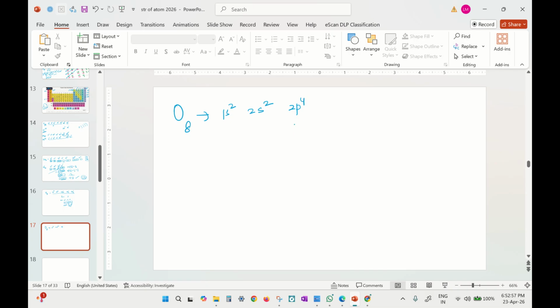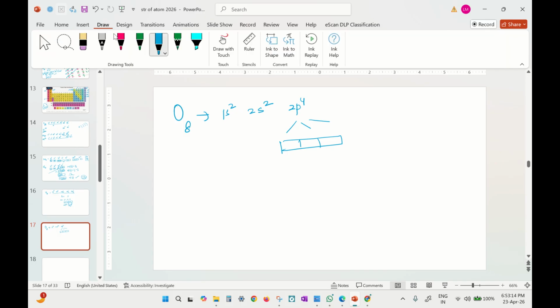Isn't it in 2px, 2py, 2pz? Once each of the degenerate orbitals has been given one electron, 1, 2, 3, now you have the right to pair up. So that means it is 2px2, 2py1, and 2pz1. Are we clear?